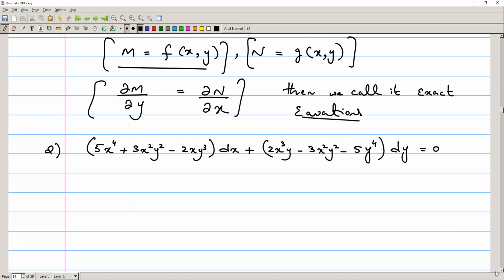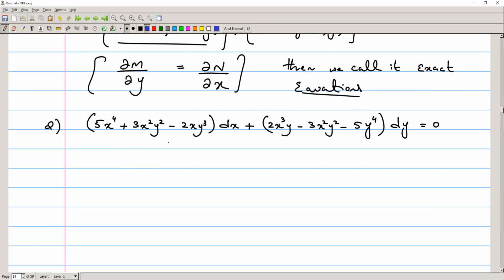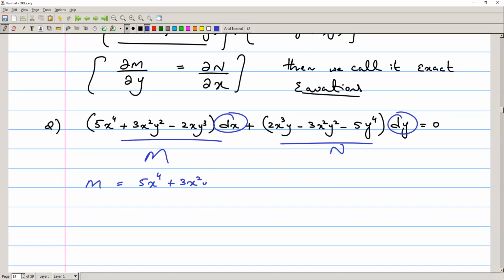So we need to identify M and N. We can see that the function with dx is M and the function with dy is N. So M equals 5x to the power 4 plus 3x squared y squared minus 2x y cubed, and N equals 2x cubed y minus 3x squared y squared minus 5y to the power 4.